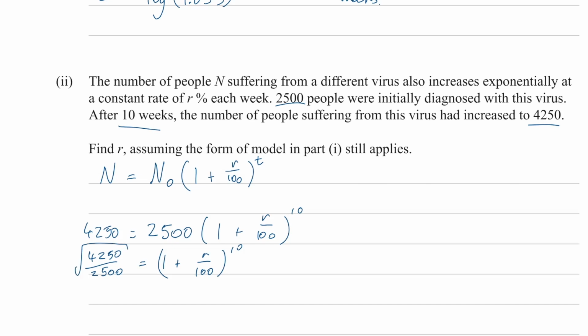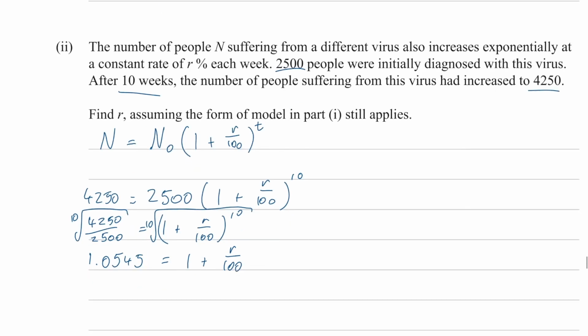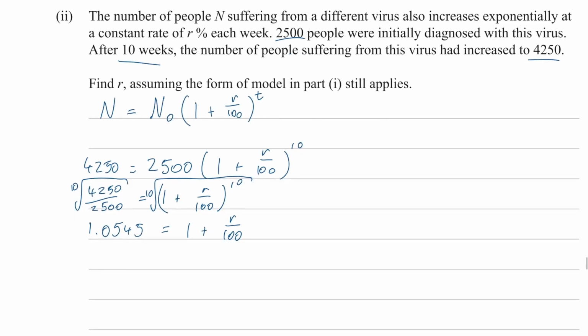That's the 10th root, as we're raising the right hand side to the power of 10, so to undo that, we'll take the 10th root, which gives us 1.0545 equals 1 plus r over 100. And just by this, we can actually see that the rate must be 5.45%, but let's just complete it.